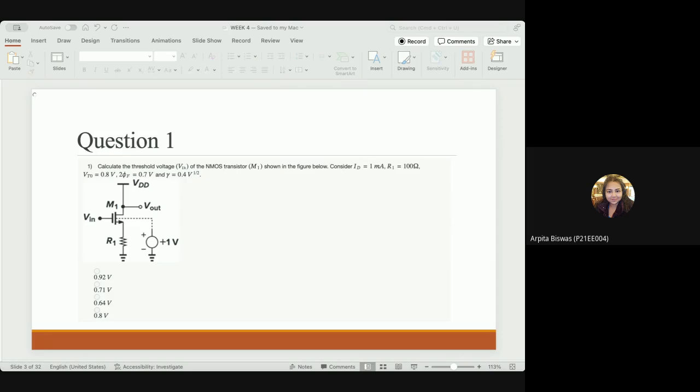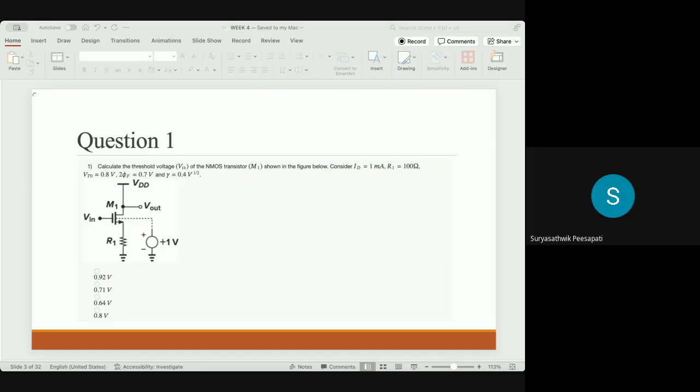Tell me what is the formula to calculate this VTH? Ma'am, VTH equal to VTH0 plus gamma root of twice phi f plus VSB minus root of twice phi f. Yes, VTH0 plus gamma into root over twice of phi f minus VSB minus root over twice of phi f, right?